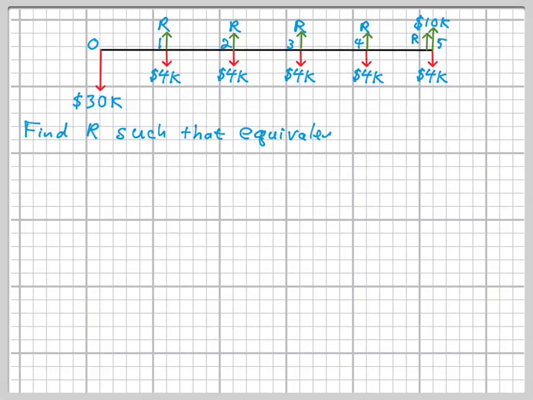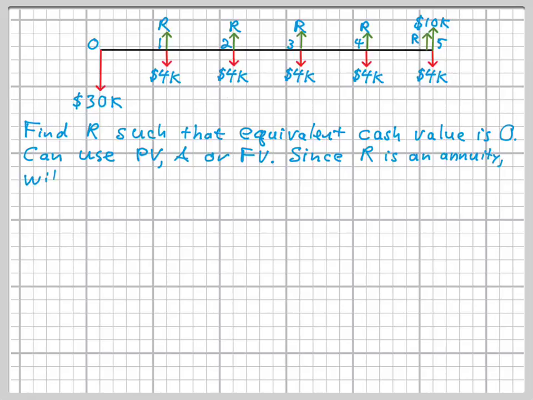And the way we're going to solve the problem is to find a rental rate R such that the equivalent cash value for this cash flow is 0. Now I can do that by either comparing a present value, or the annuity, or the future value. Since the rental rate is an annuity, I'm going to use the annuity to compare the different cash flows.